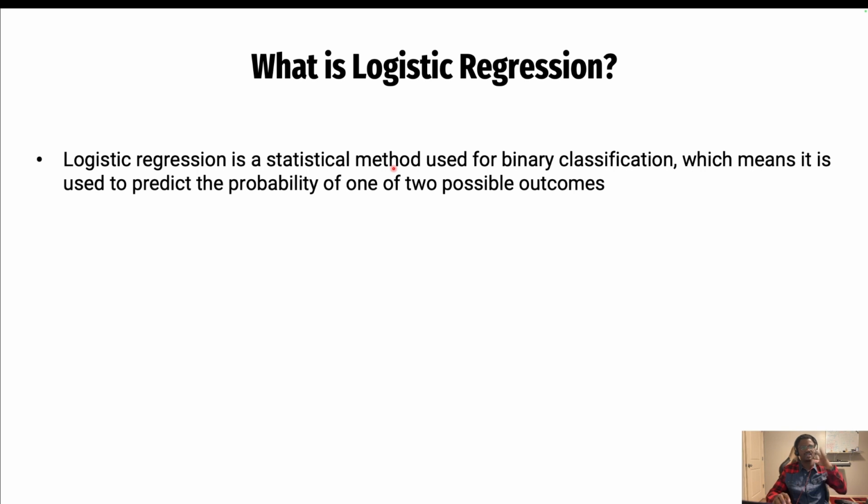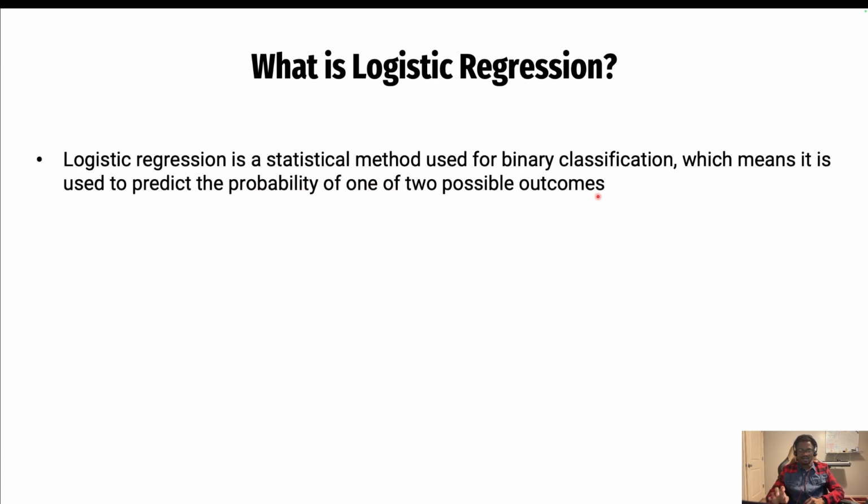Like all of the regression stuff, they are from statistics, used for binary classification. A binary is either 0 or 1, right? So when I say binary classification, it means it can be used for classifying something that has two values, which means it is used to predict the probability of one of two possible outcomes.